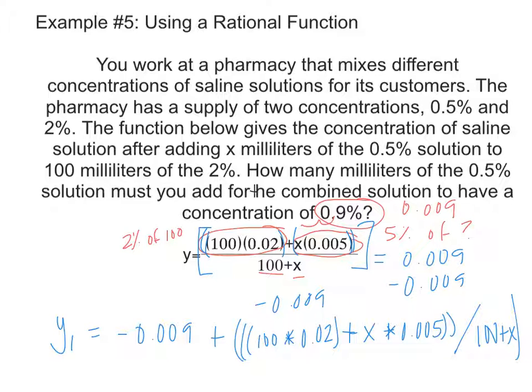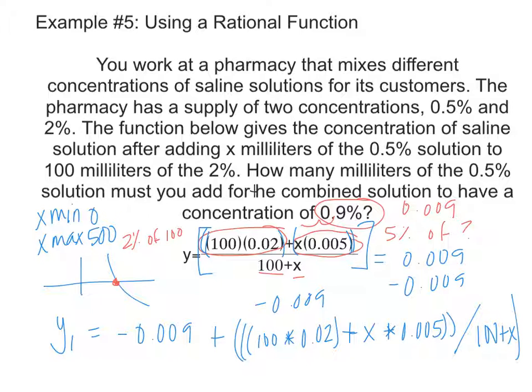Now if you can't see everything, you're going to want to change your X min and X max. So the window that you may want to use for your X min should be 0. Your X max, 500 should be good. Okay. And then what your graph is going to look like is something like that. And remember, we're wanting to know what that value is. And so you use the 0 function of your calculator if you remember that part.